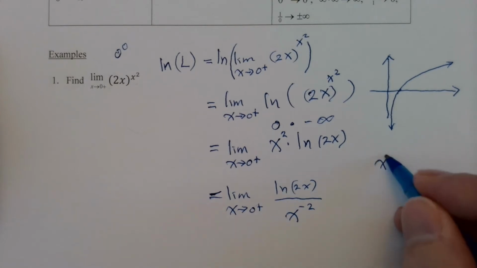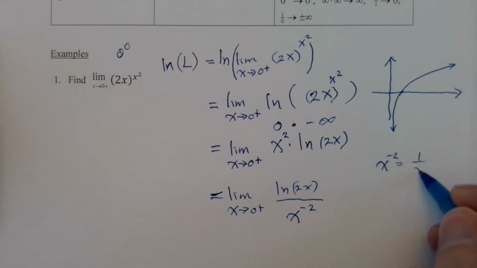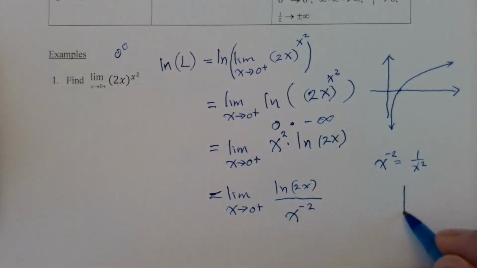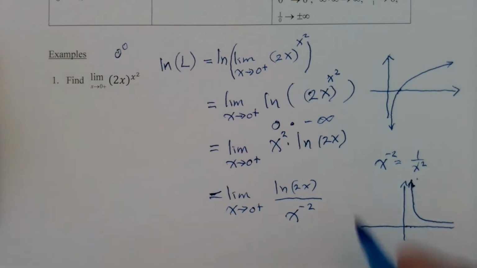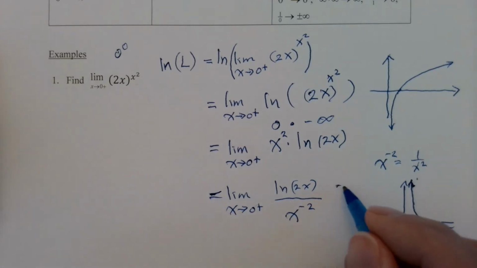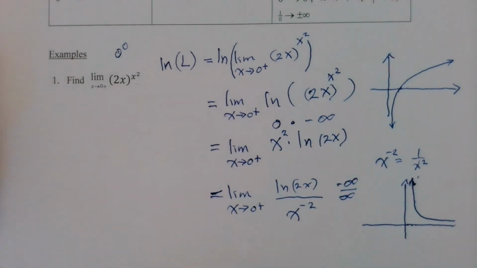Remember, x to the negative 2 equals 1 over x squared. The graph of 1 over x squared is all positive. It looks a little bit like 1 over x in the first quadrant, and that's all we really care about for this problem. As x approaches 0 from the right, 1 over x squared goes to positive infinity. So my form now is negative infinity over positive infinity, and that is a L'Hopital form.